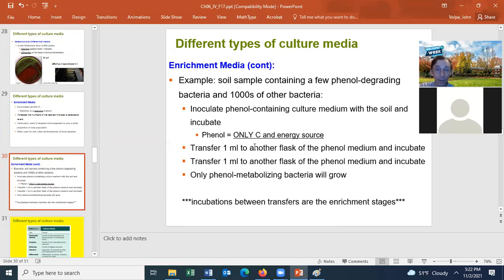We can put it in an enrichment media, like if we're looking for phenol metabolizing bacteria, you make an enrichment media where, for example, phenol would be the only carbon source. And so the only thing that will grow in here besides an autotroph is the phenol metabolizing bacteria, because phenol is the only carbon source. And then you grow the bacteria in that.